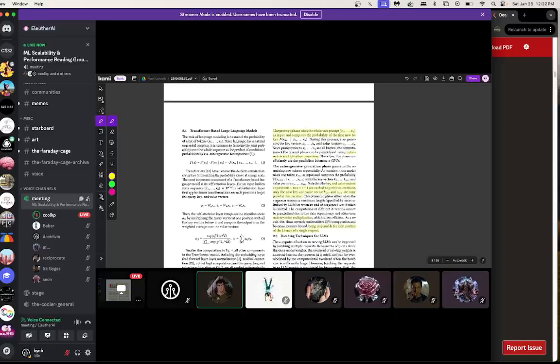Inference is divided into two phases: prefill and decode. The prompt phase is basically computing the KV cache for the entire initial prompt, and the output is a KV cache for the original request along with the first token.